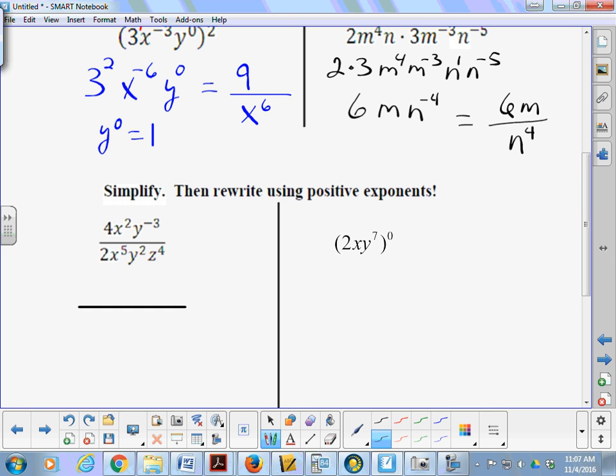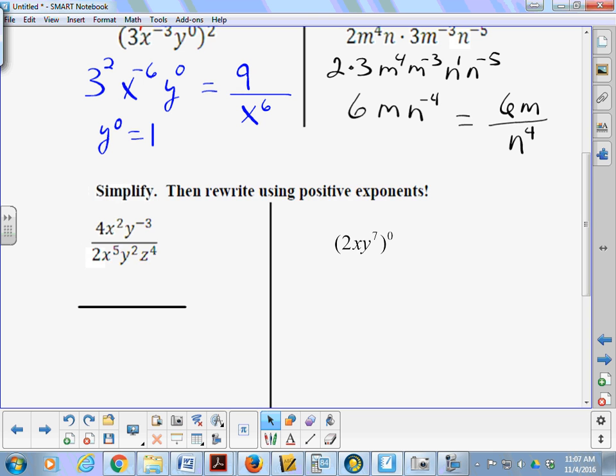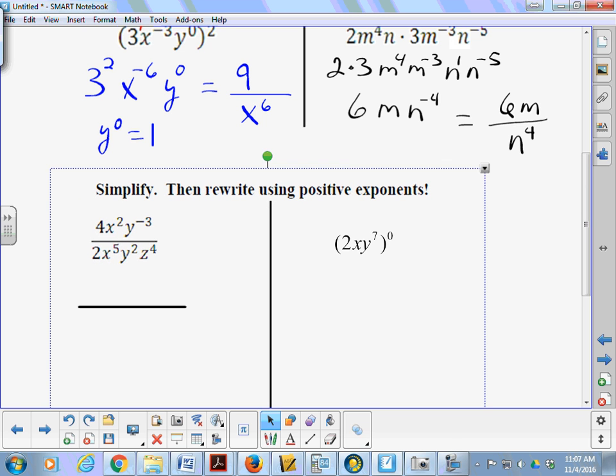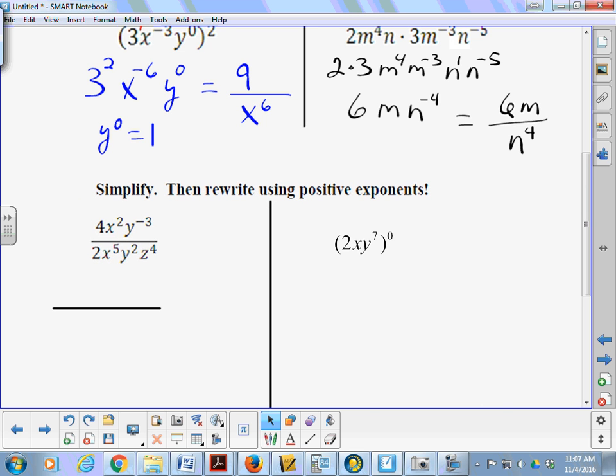All right. Now, any negative exponents you have, my suggestion to you is this. If you have negative exponents, move them to the other part of the fraction and make the exponent positive. All right? So right now we only have one negative exponent, the negative 3. So first of all, I'm going to rewrite this so that I have just positive exponents.